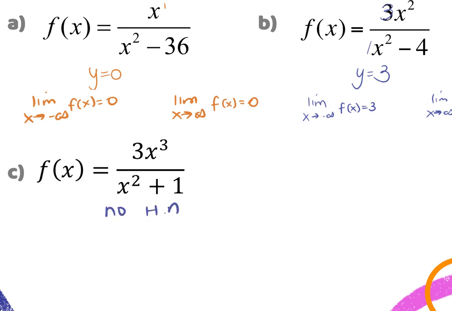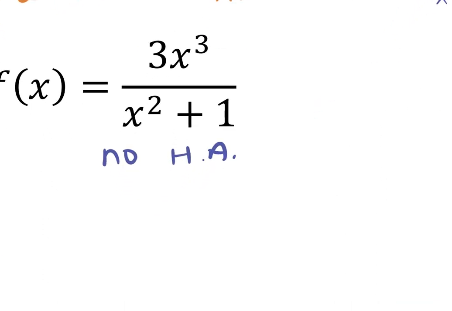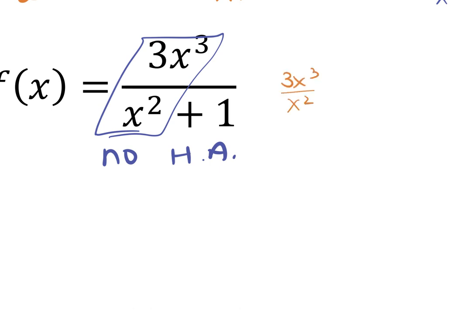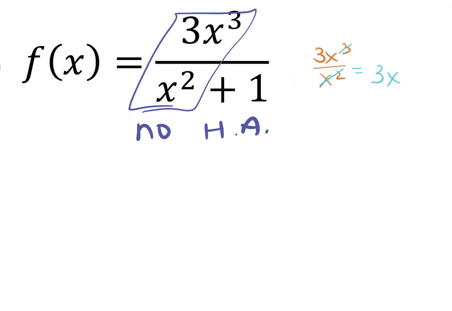This is where it gets weird. We have to take our leading terms in both the top and the bottom. So I get 3x to the third over x squared. I simplify these. X squared would cancel, and I just get 3x. Then to find the left-hand behavior, or the limit as x approaches negative infinity, I plug in negative infinity.